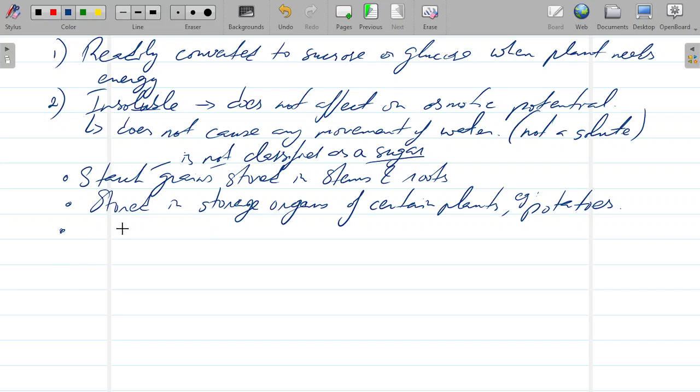But then there are certain fruits such as grapes that can store sugars, so not in the form of starch.